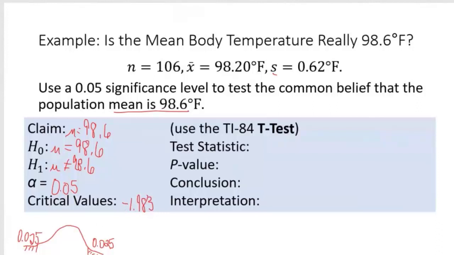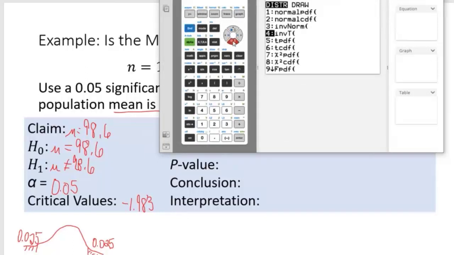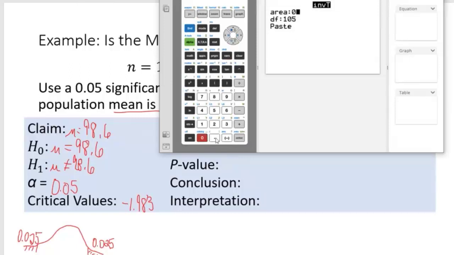Now, I can also then get this critical value by saying, well, if I have 5% in the tails, this center section had 95%. So if I'm coming from the left, this area would be 95, 96, 97. So it'd be 0.975. So if I do that again, and I put 0.975, same degrees of freedom.